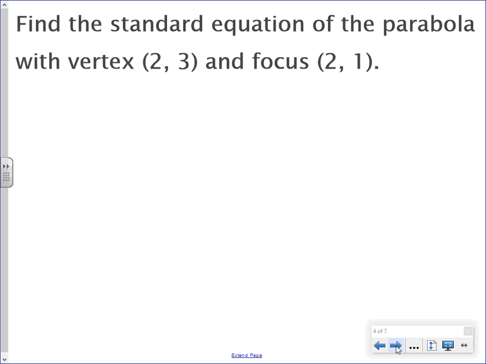It's giving you a vertex of 2, 3 and a focus of 2, 1. You are allowed to talk to each other. It's okay.